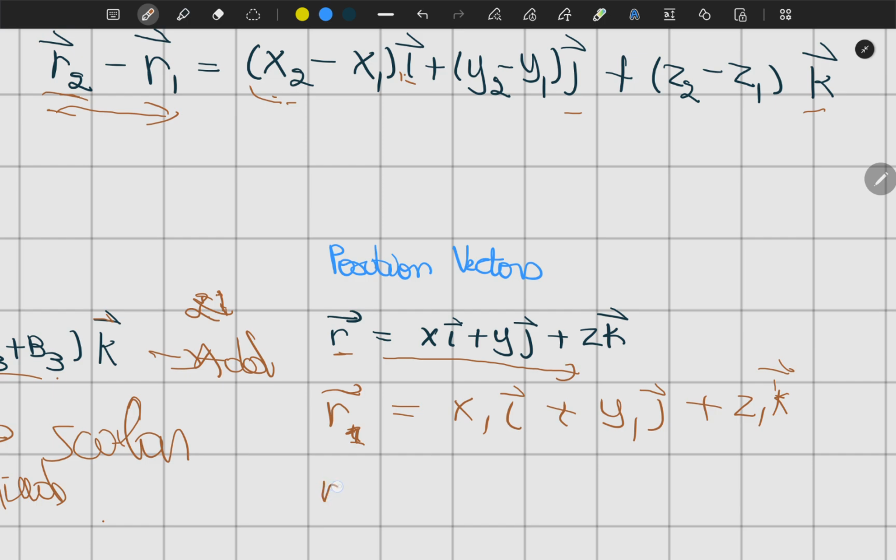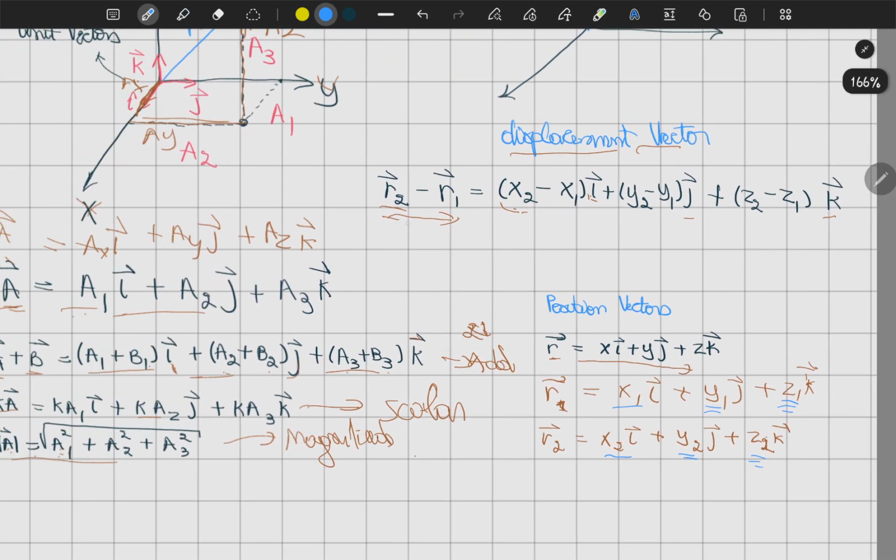And then if it was r2, you're going to represent r2 like this, plus y2 plus z1. It's actually z2. So you're going to take this one and that one together, this one and this one together, and that one together. That's how you're going to end up.